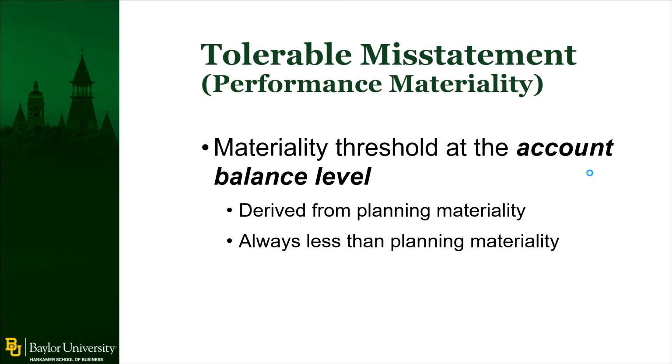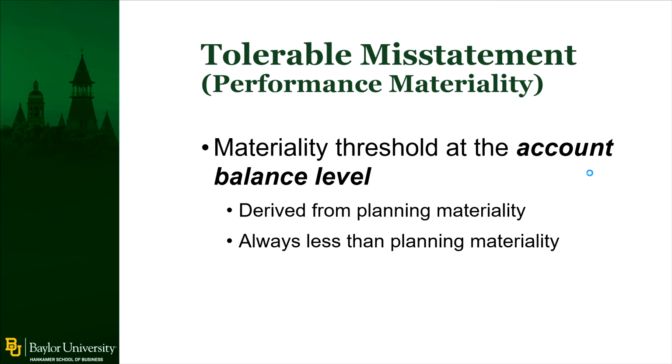The second thing, and this is where it gets a little bit more complicated, I'm planning for us to talk more about in class. So if you have questions, that is good, and I want you to bring them to class, because this is important to understand, and that is tolerable misstatement. Sometimes this is called performance materiality. This is the materiality threshold at the account balance level.